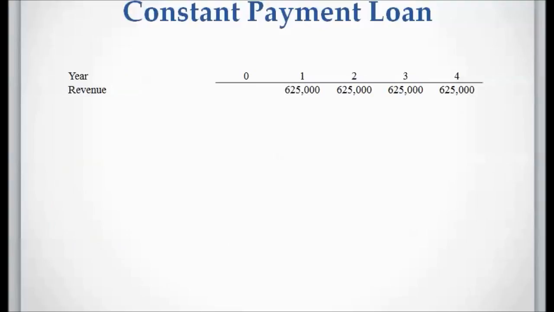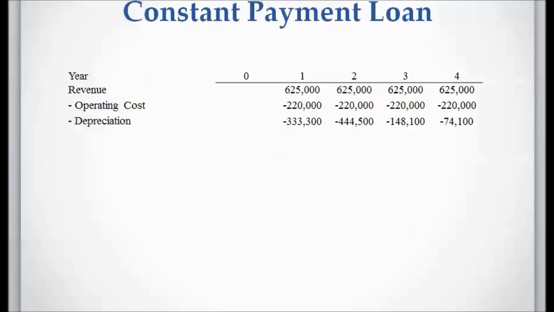So we draw our table. First, we enter the revenue of $625,000 from year 1 to year 4. Then we deduct the operating cost of $220,000.